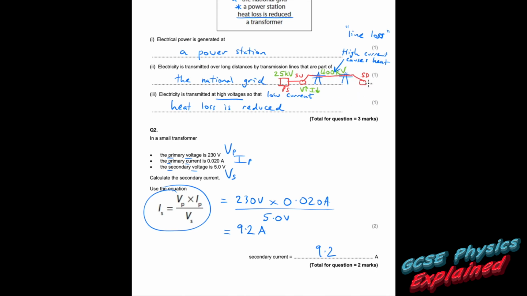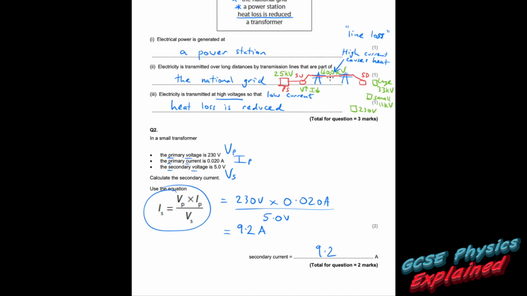Now remember, they need to step it back down at the end. Now you need to know, if it goes to a large factory, they'll have 33 kilovolts. If it goes to a small factory, it'll be 11 kilovolts. And if it's just a hospital or schools or houses, it'll just be 230 volts.